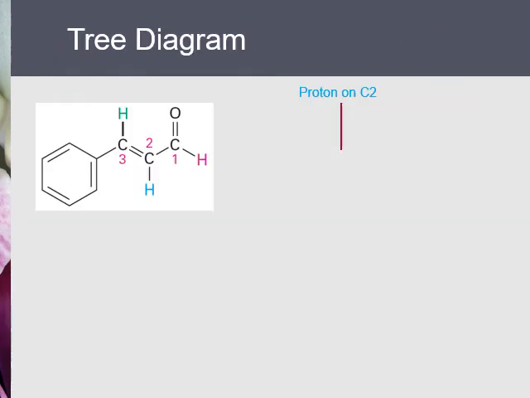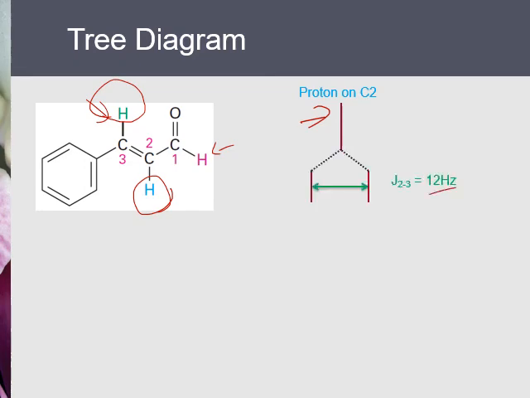We can use a tree diagram to justify the splitting pattern of this number 2 hydrogen. First, we draw a line to represent the absorption of this hydrogen with no coupling. Now we add these 2 hydrogens one by one. For example, let's add number 3 hydrogen first. From the last slide, we know number 2 and number 3 hydrogens have a coupling constant of 12. So we draw 2 lines with a distance of 12.